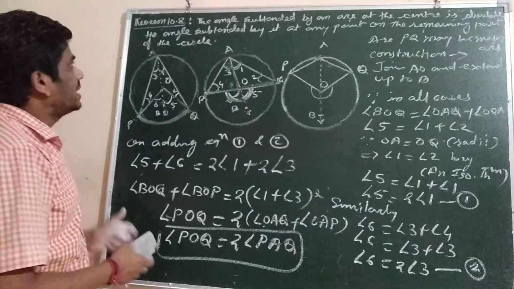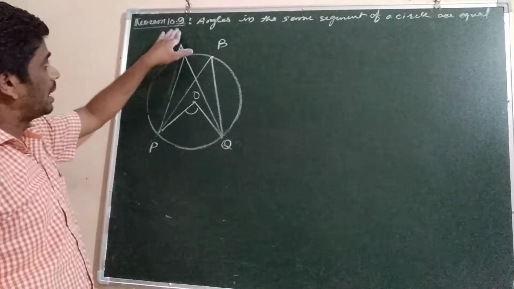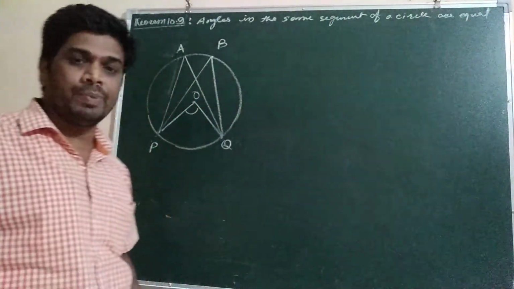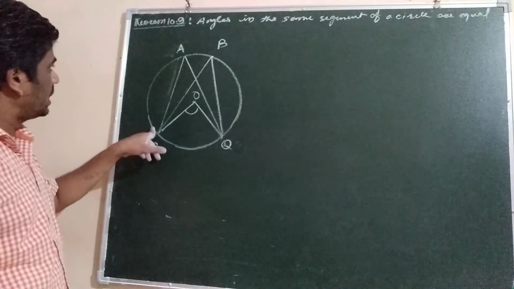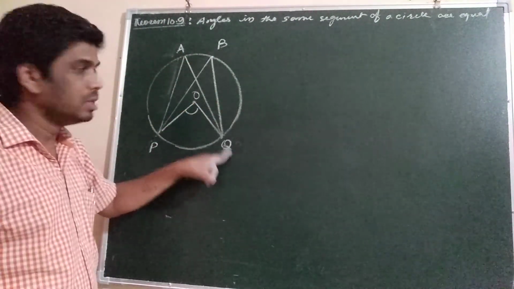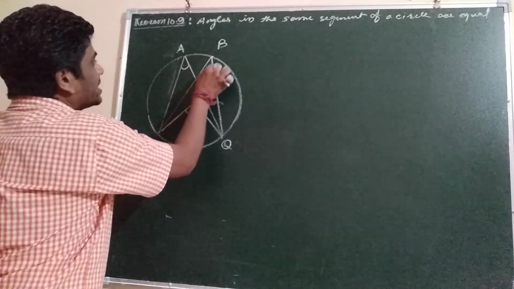Okay, so let's see the next theorem also. This is theorem 10.9. Angles in the same segment of a circle are equal, which means here these A and B are in the same segment. These 2 points are in the same segment. We have to prove that these both angles are equal.